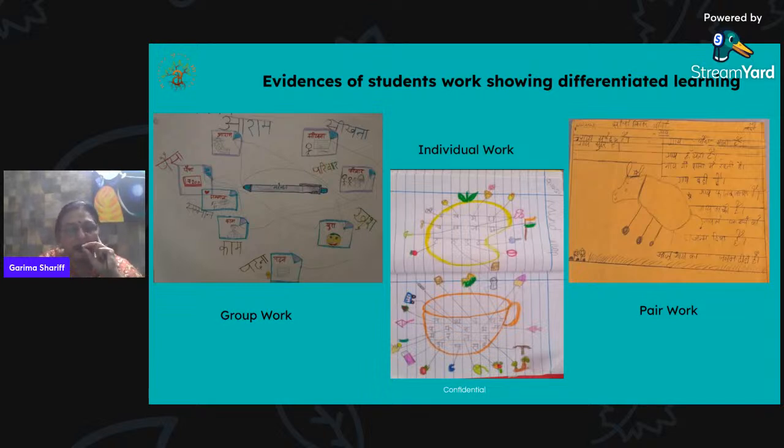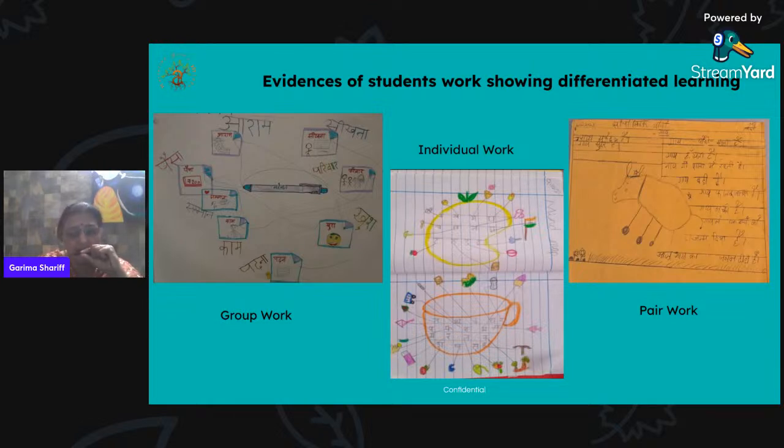The kids were divided into groups of 3 or 4, and I gave them some images. They had to find it out, and whatever they could remember and understand, they wrote in the form of pictorial diagrams. In the same way, a child who was very confident of doing the work by himself or herself did it individually. It was like consonants, and they had to write images based on it.